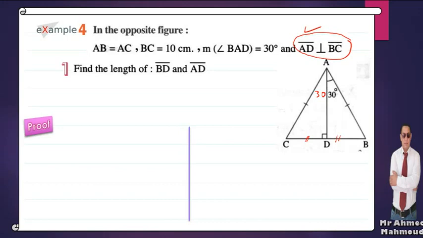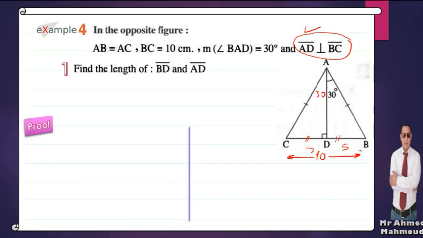Okay, so if BC equals 10 centimeters, then we will divide the 10 into 5 and 5, and here this angle equals 60 degrees. But if we have an isosceles triangle and one of its angles equals 60 degrees, then this is an equilateral triangle.